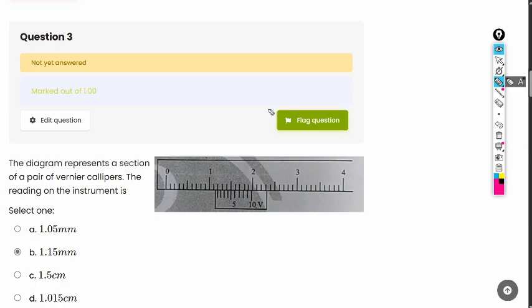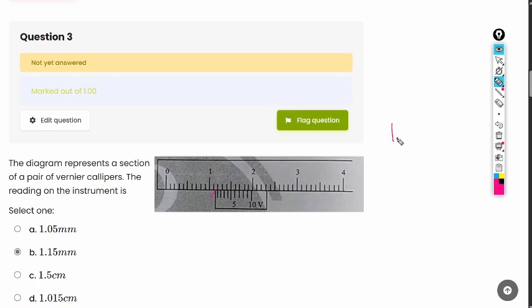Question 3. The diagram represents a section of a pair of vernier calipers. The reading on the instrument is what? We have the main scale up, and we can see that the vernier scale reading starts at this point here. So this is 1.1 cm.